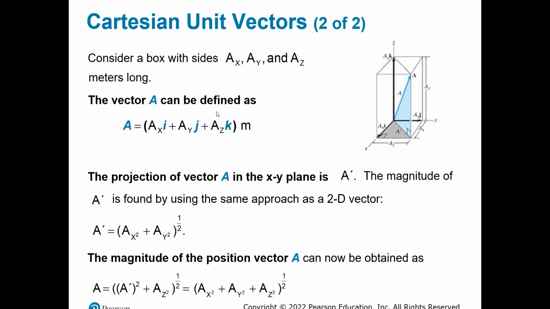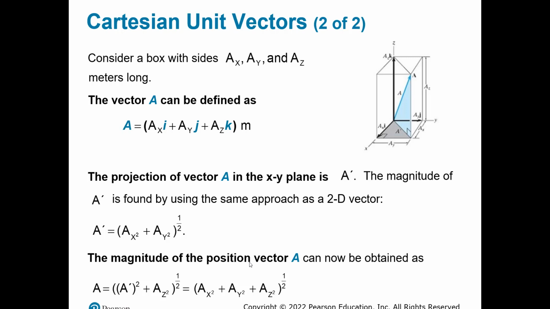Then the vector can be defined as axi, ayj, and azk. The projection of that vector in the xy plane is A prime. The magnitude of A prime is found by using the same approach as 2D vectors, which is given by this equation, and then the magnitude of the position of the vector is this, and that's a lot that you might not get at first.